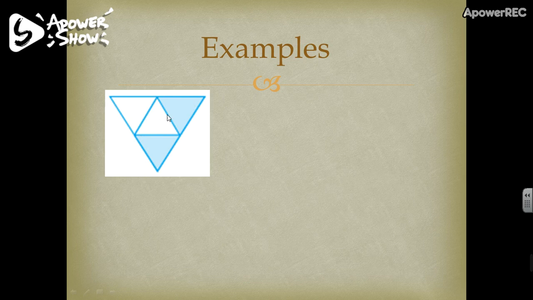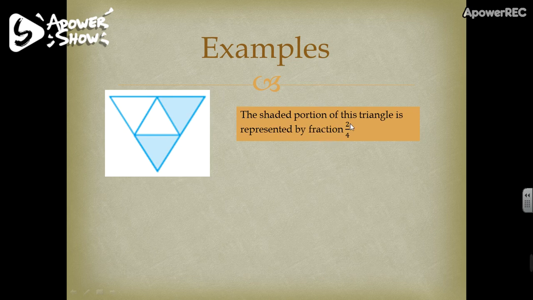We are going to represent the two shaded portions of this triangle using a fraction. The shaded portion is represented by the fraction 2 by 4. 2 represents the shaded portion, and 4 represents the total number of parts in which this triangle is divided.